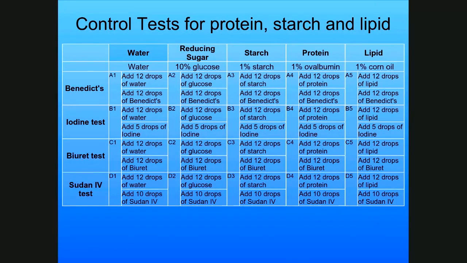So when we toss these, we need to make sure that the right reagents go into the right kind of hazardous waste. By setting it up this way, everything that's labeled with an A goes in the Benedict's trash. Everything that's labeled with a B goes in the iodine trash. Everything that's labeled with a C goes in the burette trash. And everything that's labeled with a D goes into that trash. So that way we're keeping track of what reagent actually was in everything.